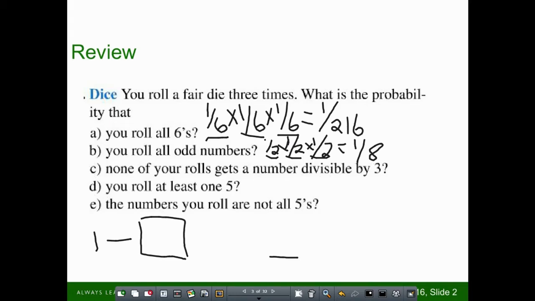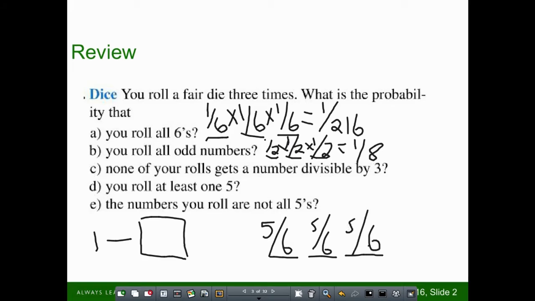None are 5s at all. And the way we would do that is by finding the probability that you would not get 5. Well, one of the 6 numbers is a 5. So how many of them are not 5s? That's going to be 5 out of the 6, 5 out of the 6, and 5 out of the 6.